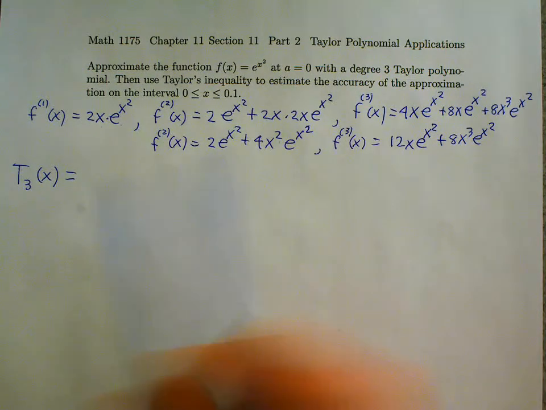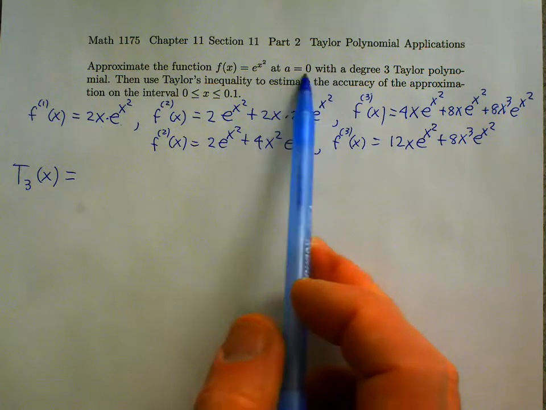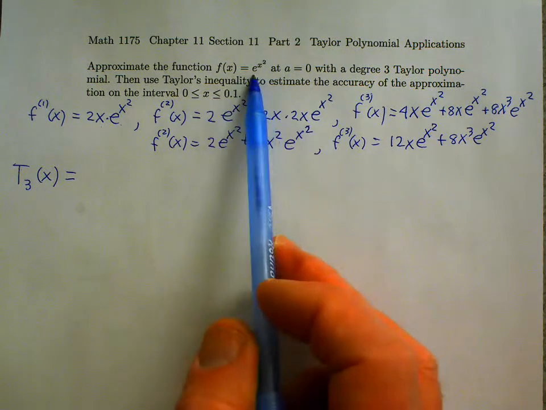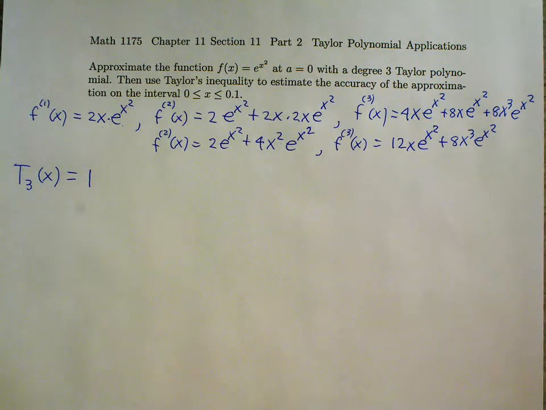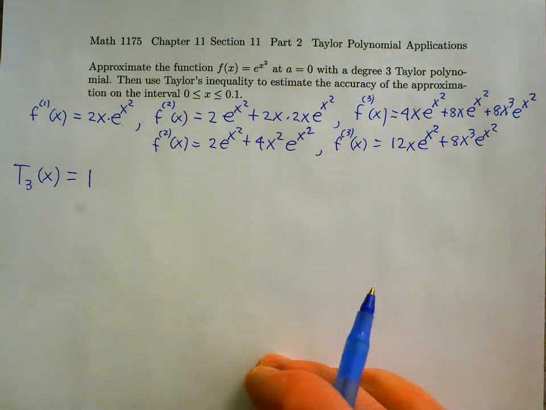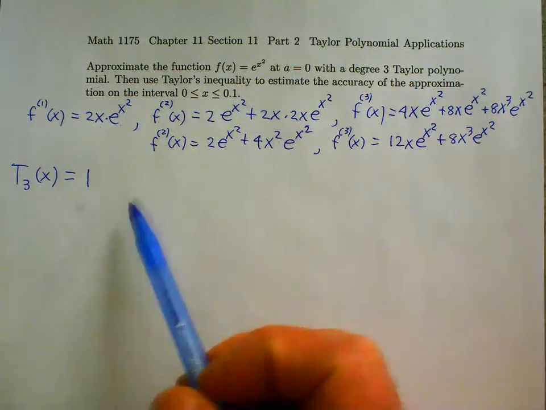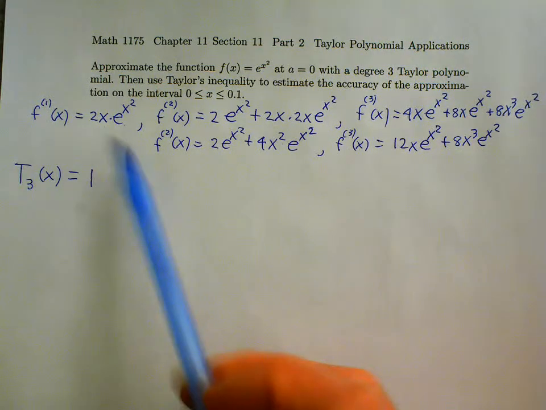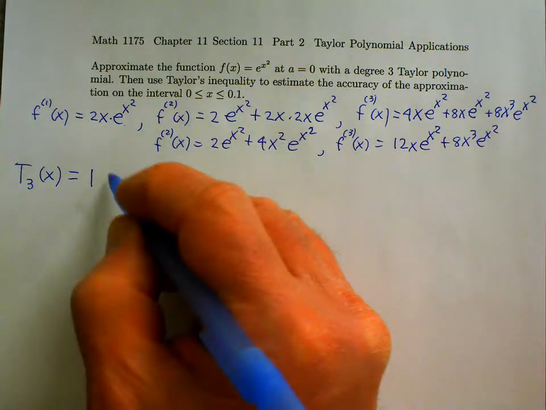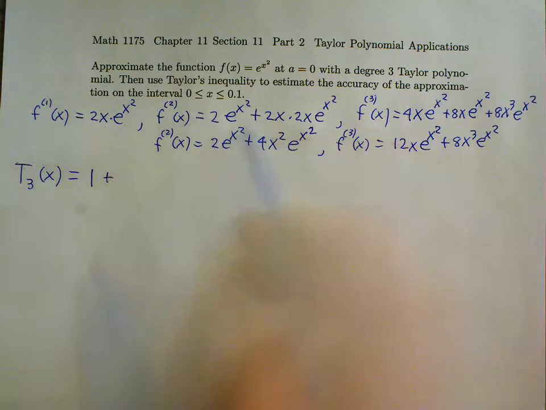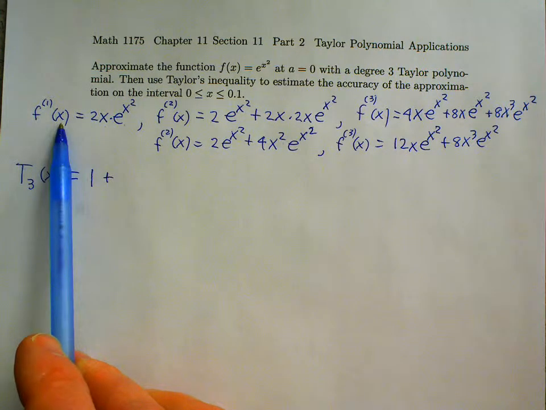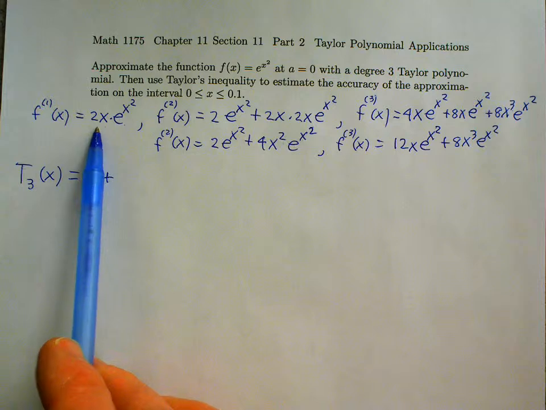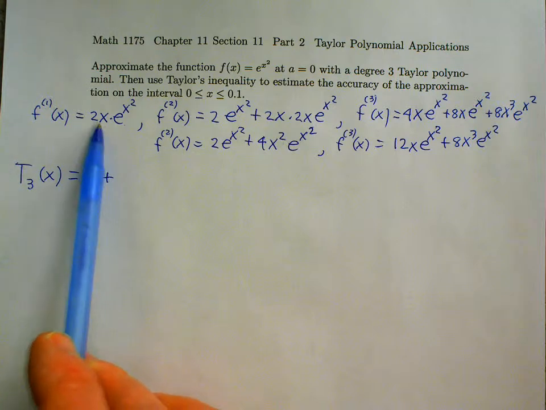Okay, the first term is f of a, but a is 0, so f of 0 is e to the 0, which is 1. And then the next term is the first derivative evaluated at a equals 0, which is just going to be 0, 2 times 0.